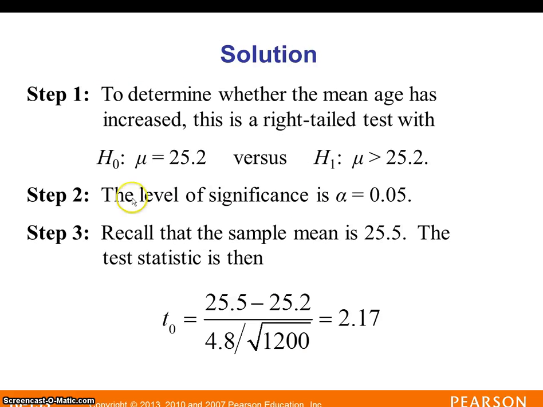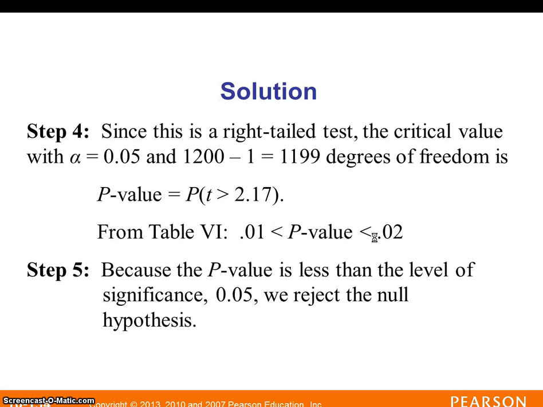So again, setting up the null and alternative hypothesis, calculate the test statistic. We've already done this example, so we calculated the mean before. So again, since this is a right-tailed test, we'll just use the p-value approach in this case. So the probability that t is greater than 2.17 gives you a p-value between 0.01 and 0.02.